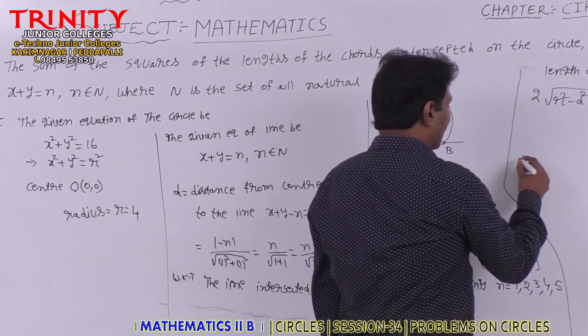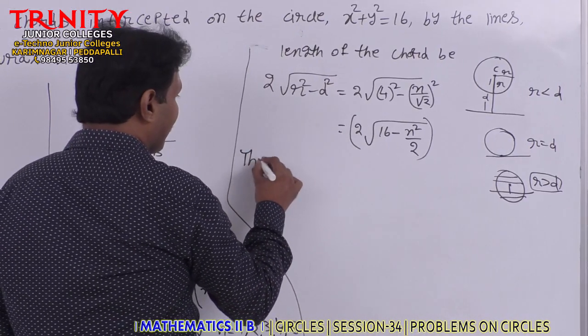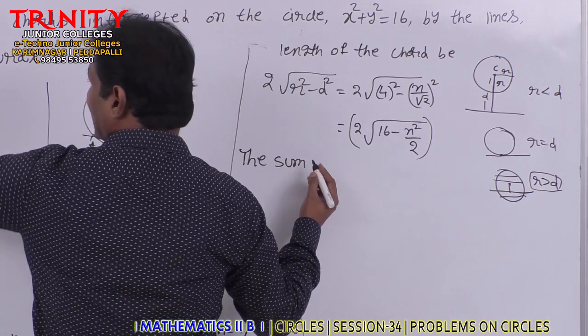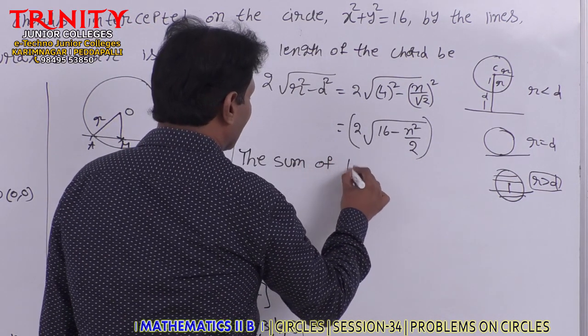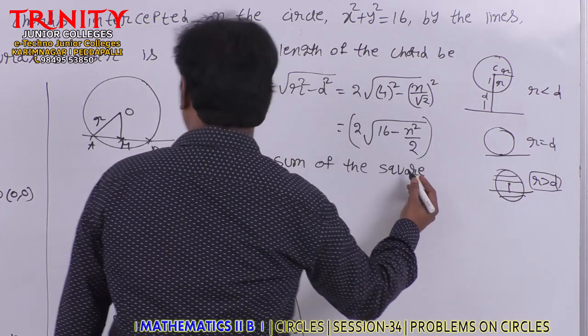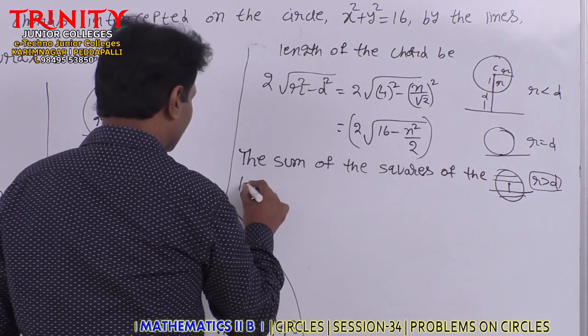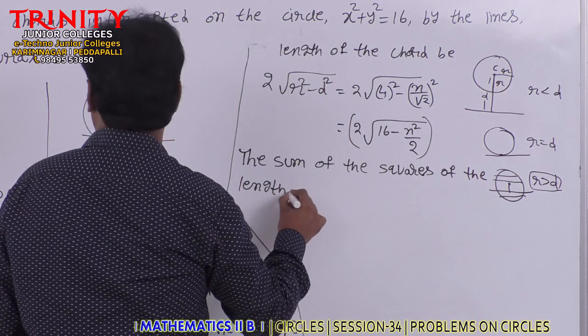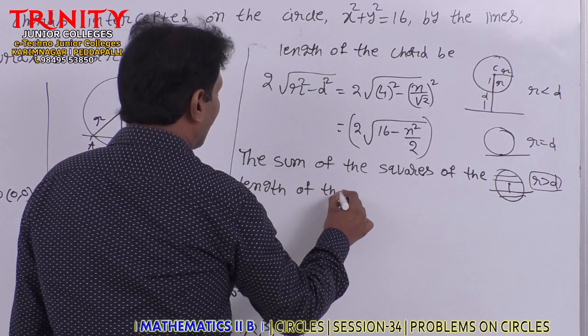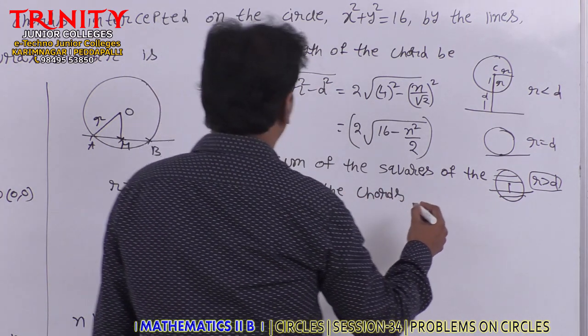That means the required answer is the sum of the squares of the length of the chords intercepted on the circle.